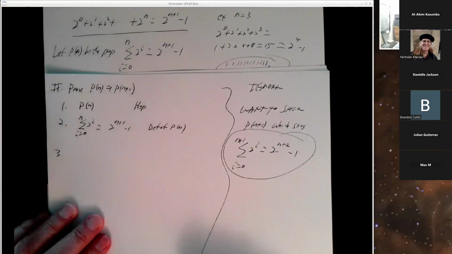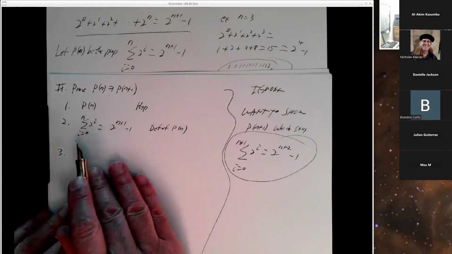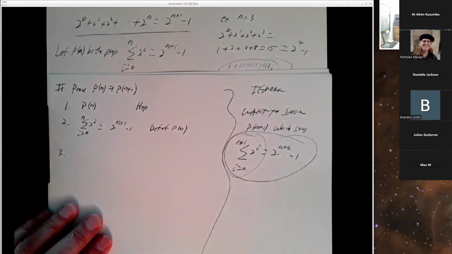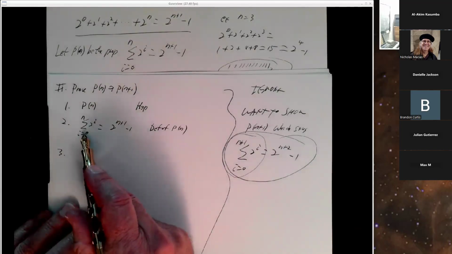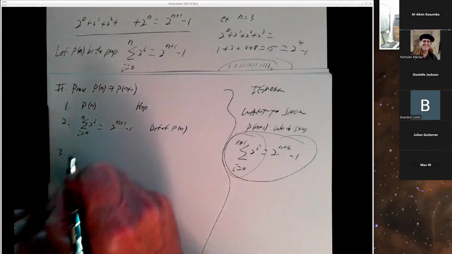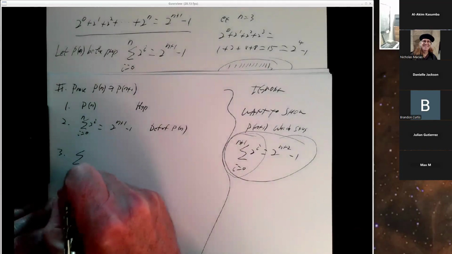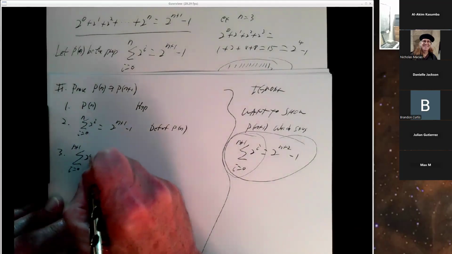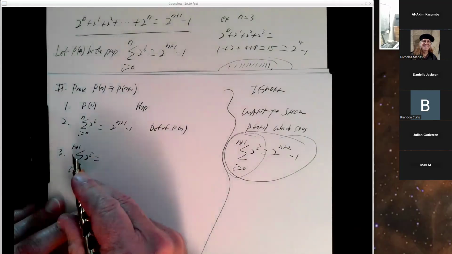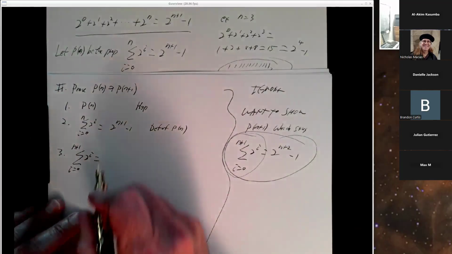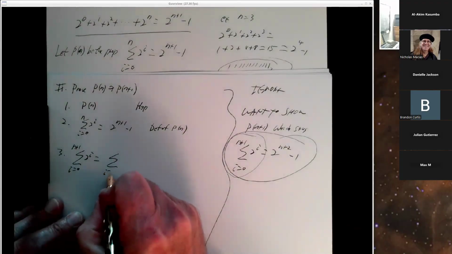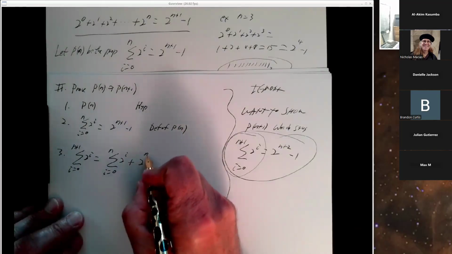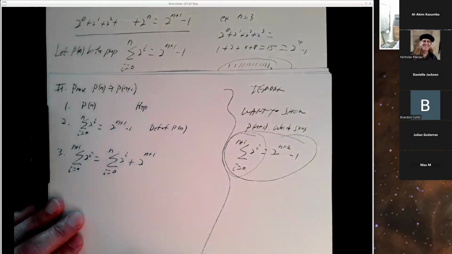And just like before, I've got a proposition which captures most of this left side. I just have to add one more thing to this. So let me carefully write the following. Sum from i equals 0 to n plus 1 of 2 to the i equals the sum from i equals 0 to n of 2 to the i plus 2 to the n plus 1.